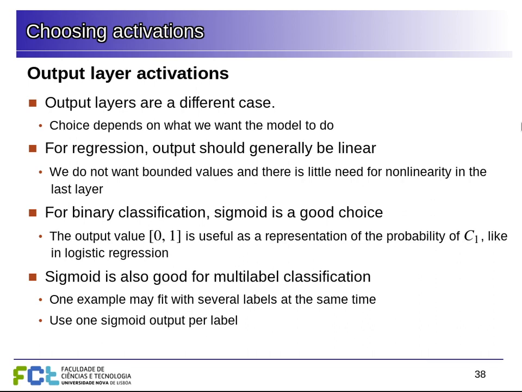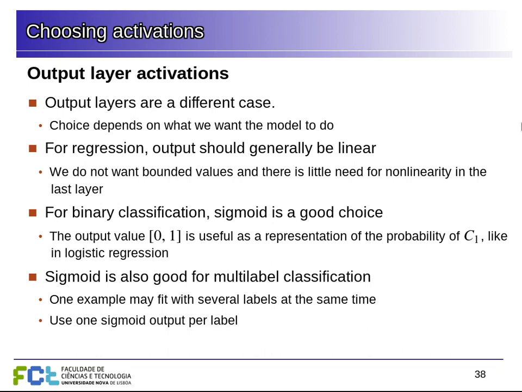Unless it's a very specific thing, like trying to predict the pixel values on an image. But for regression problems in general, you don't want to constrain the output to a specific interval. So in that case, you don't use an activation function on the output of the network.